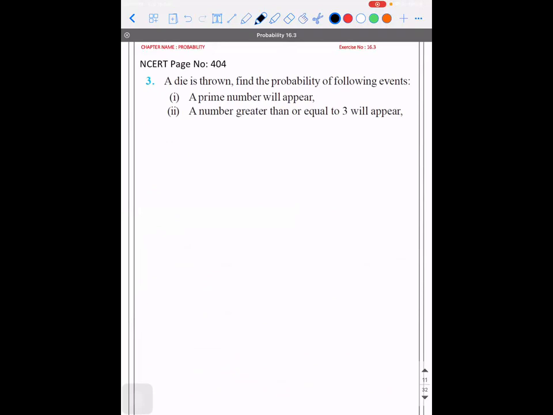A die is thrown. Find the probability of the following events. A prime number will appear. Guys, if you have more discussion, it will be better. You can participate and you can say. So I'm saying a prime number will appear when a die is rolled. What are all the prime numbers that you have? So sample space is 1, 2, 3, 4, 5, 6.